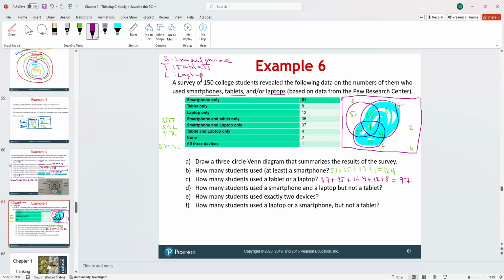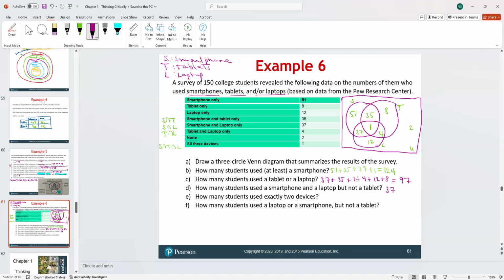So from the data, the number of students who use a smartphone and a laptop, but not a tablet. As you can see, it's only 37, right? The only number you can see here that is using both is 37, right? So we can just go ahead and say this is 37.